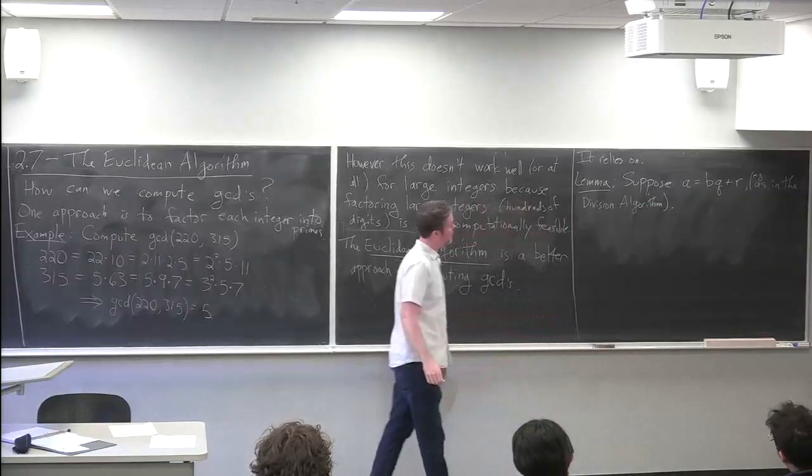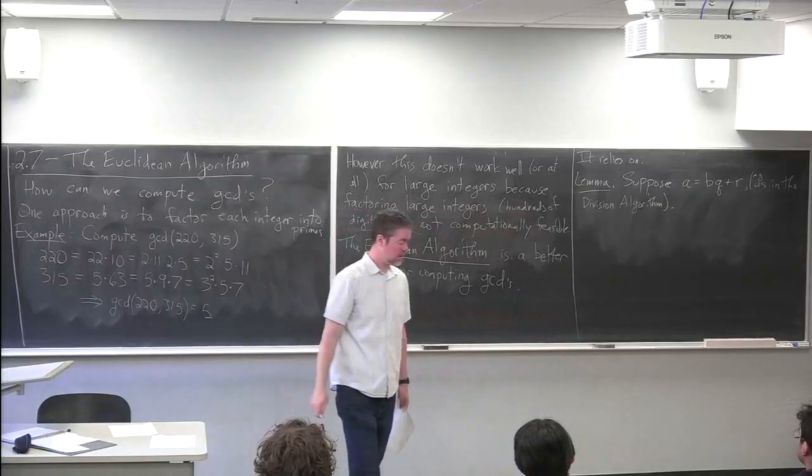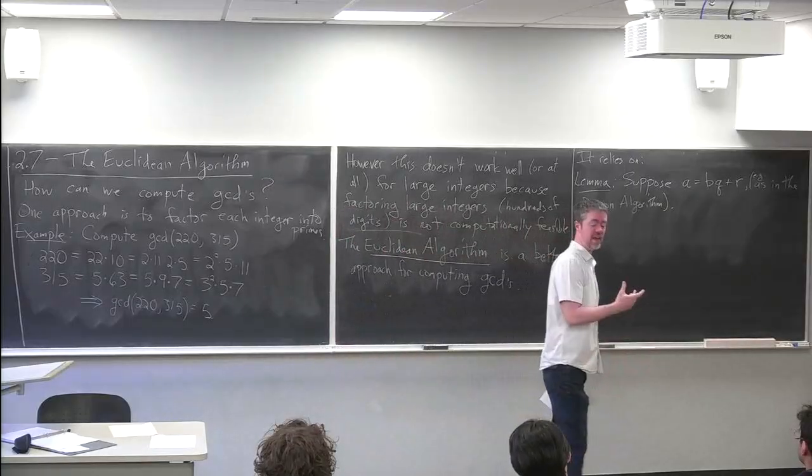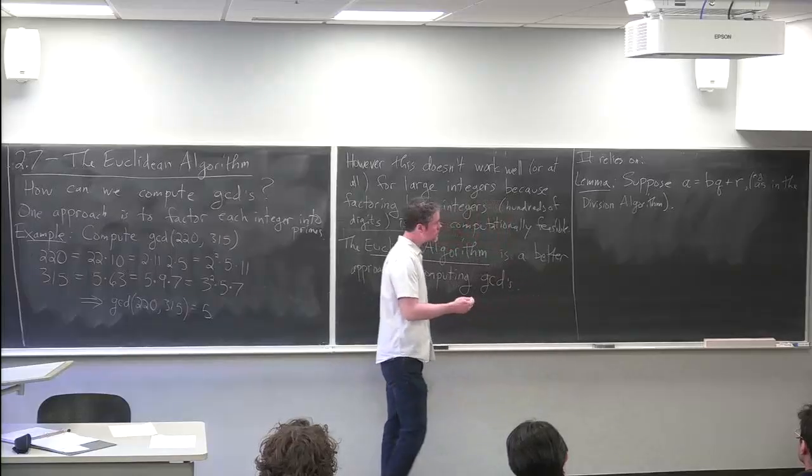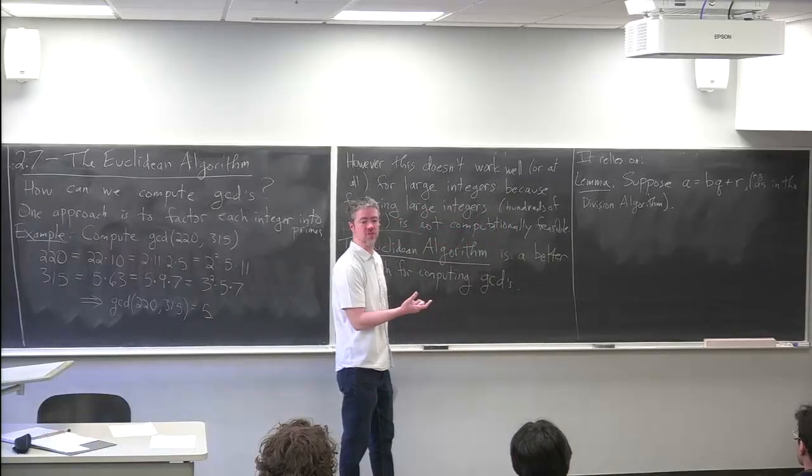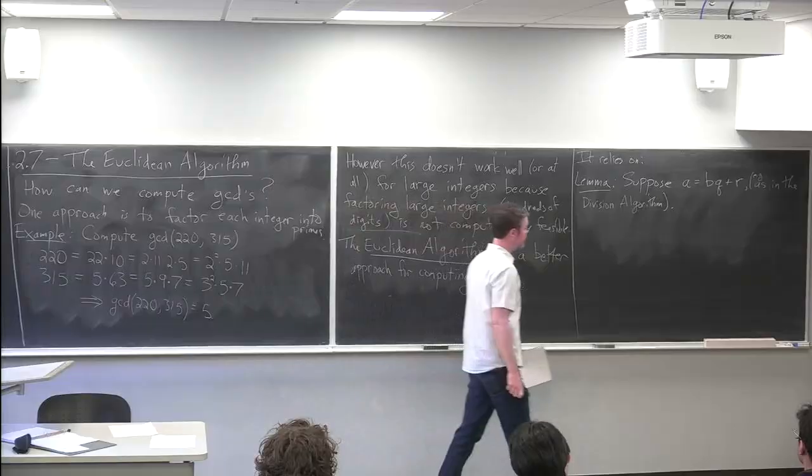The statement of this lemma is going to be about common divisors of A and B and how they relate to common divisors of B and R. And they're in fact the same.